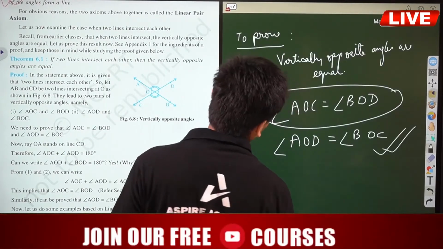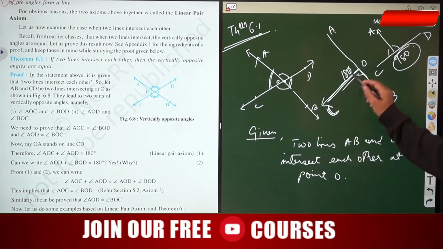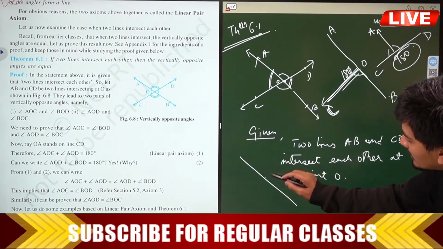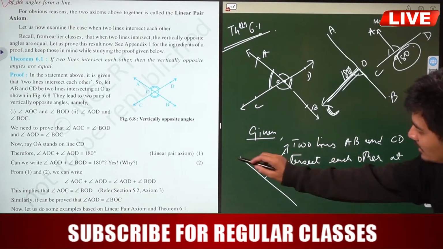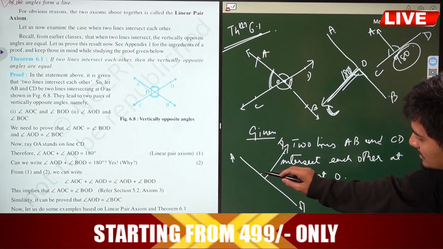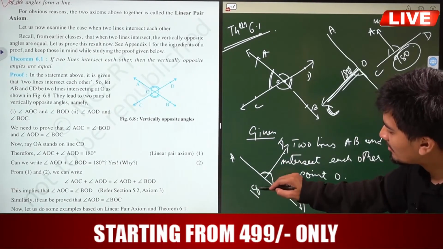If I take AB as the line and this D as the ray, these two are adjacent angles and AB makes 180 degrees.